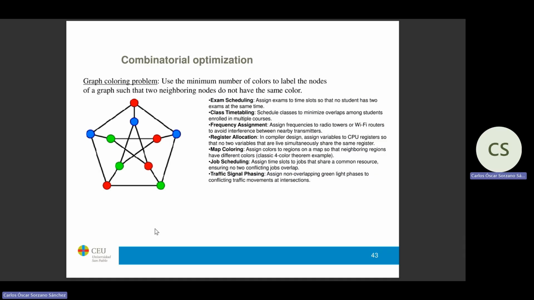And okay, that is very nice for colors, but it again appears in many setups. So exam scheduling: you have to assign exam time slots so that no student has two exams at the same time. So you can formulate that as a graph coloring problem. Or things related to timetables, frequency assignment. So, for instance, radio towers or distributors, to avoid interference with nearby transmitters. That is again a graph problem. Many things related to scheduling.